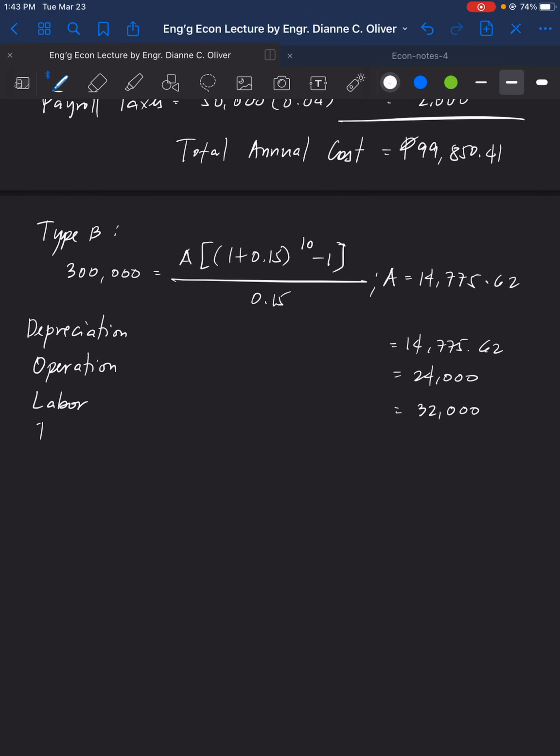Then we have taxes and insurance. So the first cost multiplied by 3%, we have here 9,000 pesos.